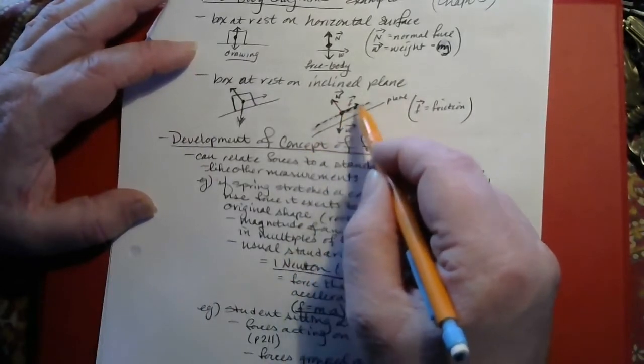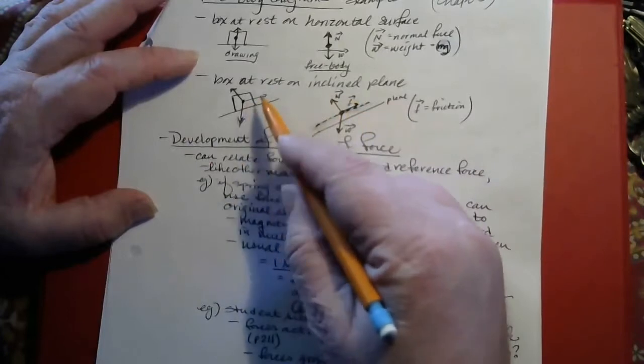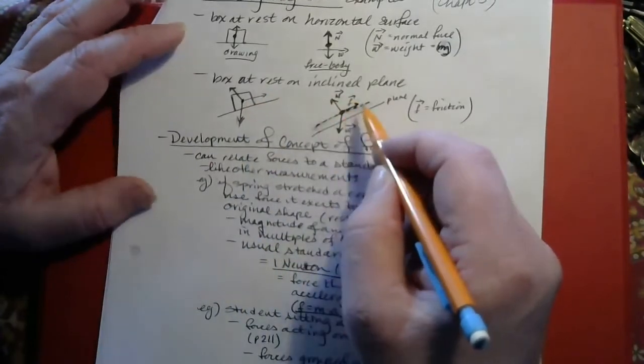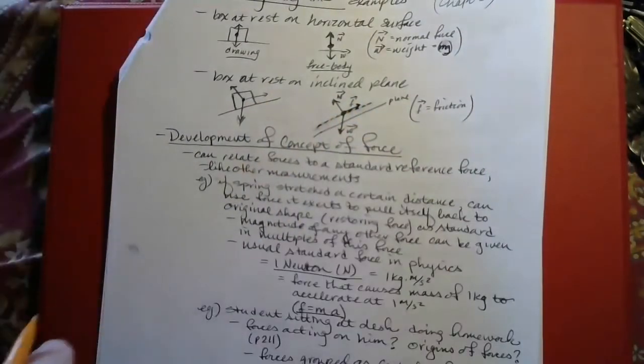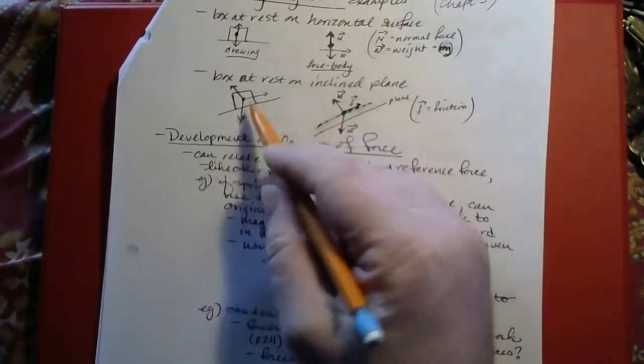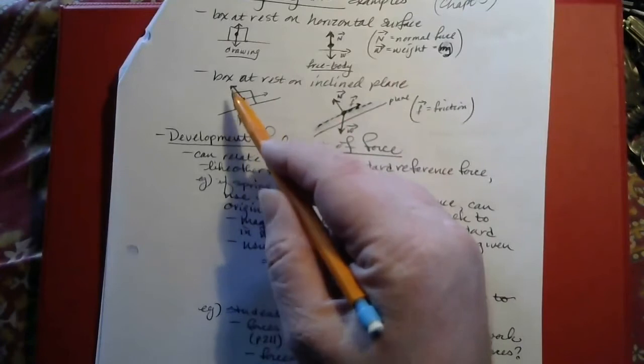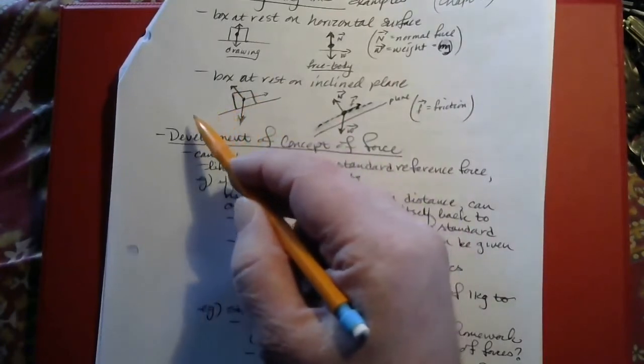And the other force, the third force that I haven't mentioned yet, is friction. Friction is a force that would resist motion in the direction that an object is moving or trying to move. If an object is sitting on an inclined plane like this, you would normally expect it to slide downward toward the earth because of gravity.